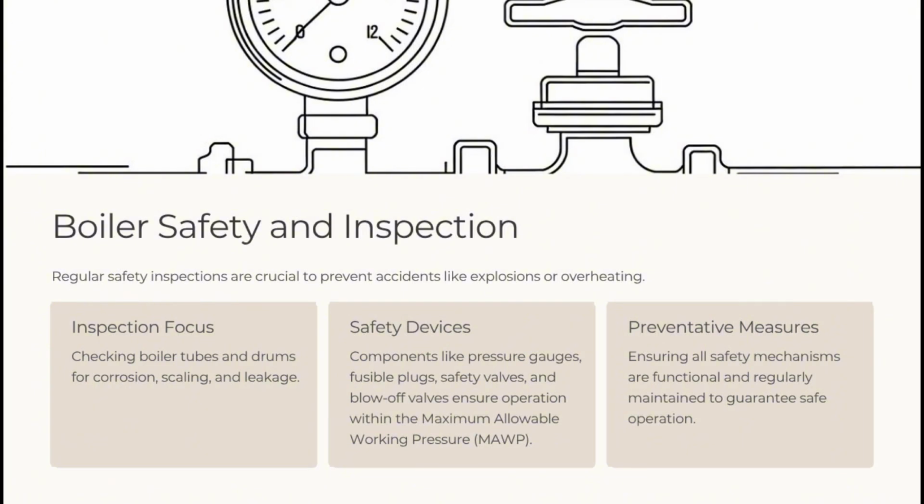Meanwhile, safety devices like the pressure gauge and relief valve serve as the universal guardians for both systems, ensuring neither the steady pressure in a fire tube nor the intense pressure in a water tube can ever climb to a dangerous level.